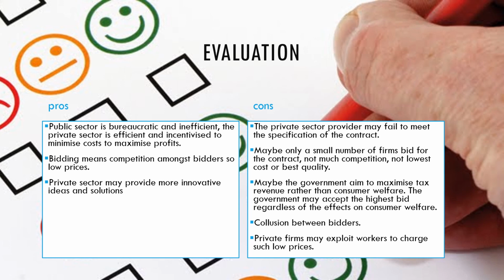Private firms may be exploiting workers in order to charge such low prices to the government for that particular good or service. And again, from the government's perspective, this would be a bit of an unintended consequence and not really what we want to achieve.